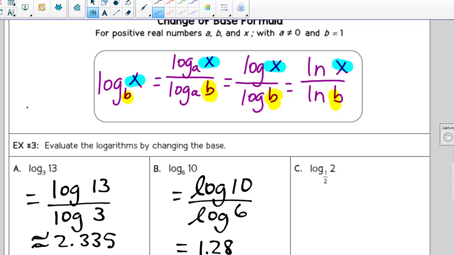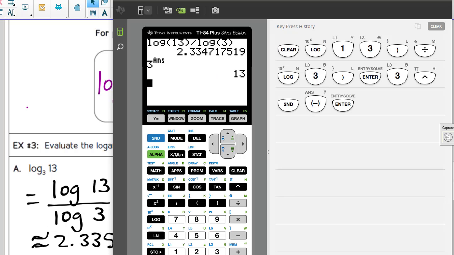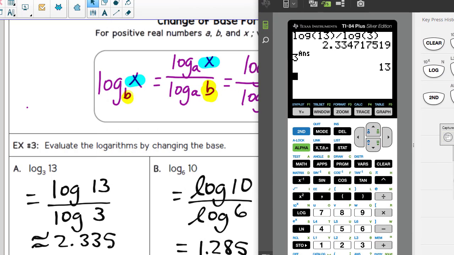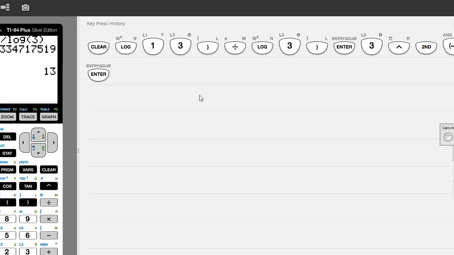1.285, what comes after the 5? A 0, so 1.285. You could, or you could say 1.29. I would probably use at least 3 decimal places. Okay. All right, let me do it on the calculator just to be sure. So we said log 10 over log 6.